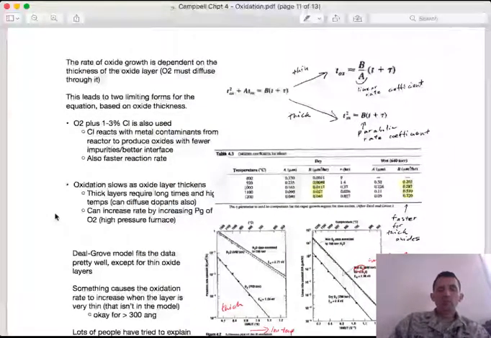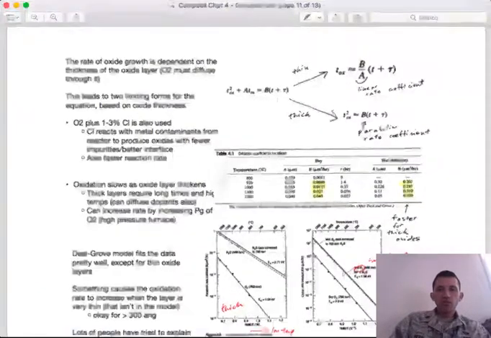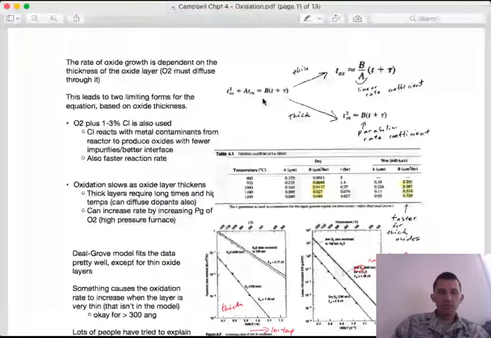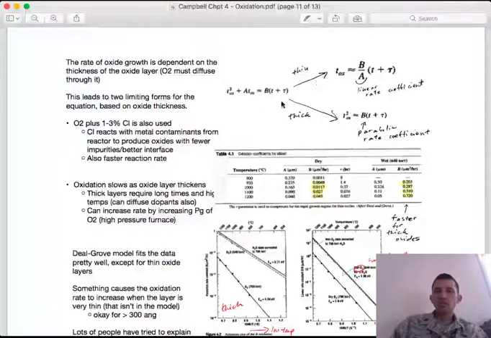Okay, so that's how you get here. This is the final form for the Deal-Grove model. We have Tox squared plus A Tox equals B times T plus tau. And there are two limiting cases of this model. If we have a really thin layer, Tox is little, and if we square it, it gets even littler, which means that we can neglect it.